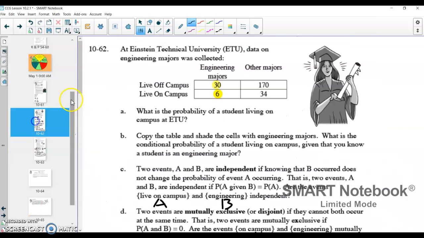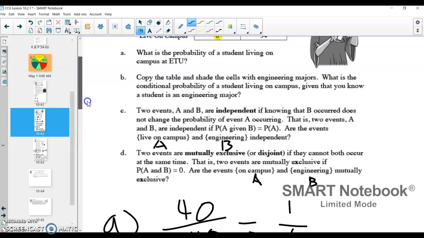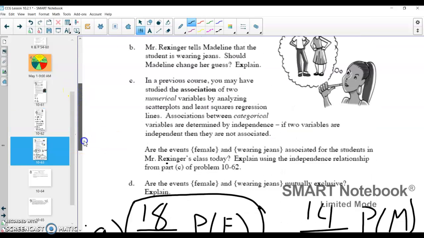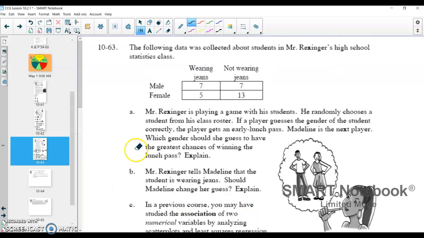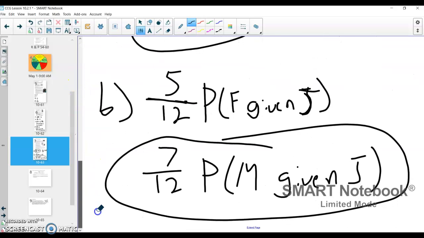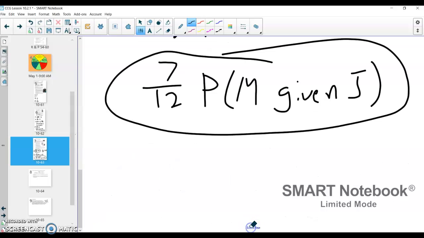If I hop back there for a second, what we'd see for independence, and I'll change it to our case, is that the probability that a female, given they're wearing jeans, should be the same as just the probability of the person being female. And if I change that for ours over here in part C, we actually did most of the work already.